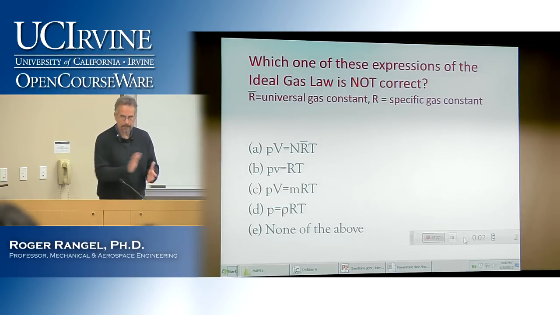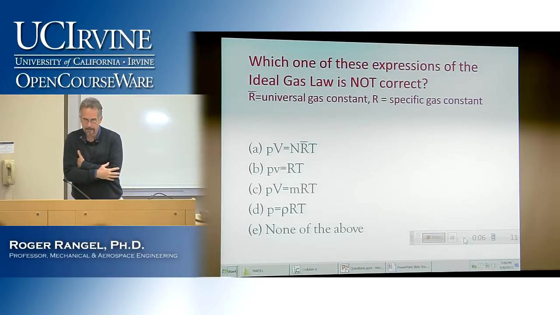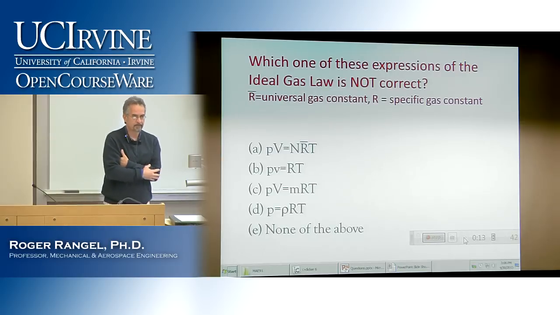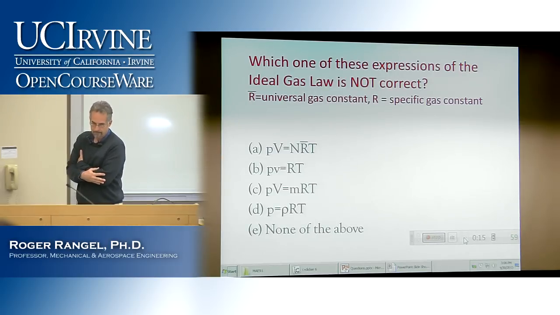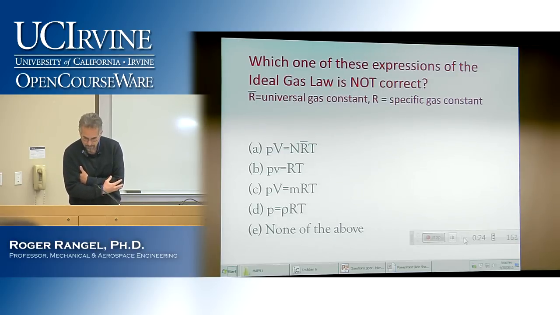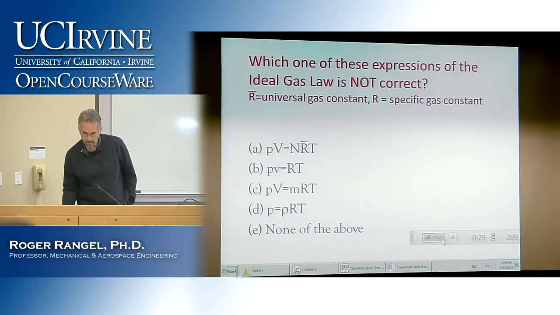I am giving you there 4 forms, possible forms of the ideal gas law. Tell me if there is one there that is not correct. Okay, so 5, 4, 3, 2, 1, 0.